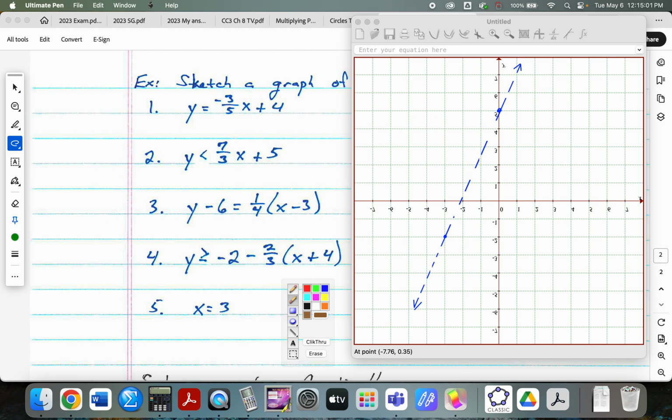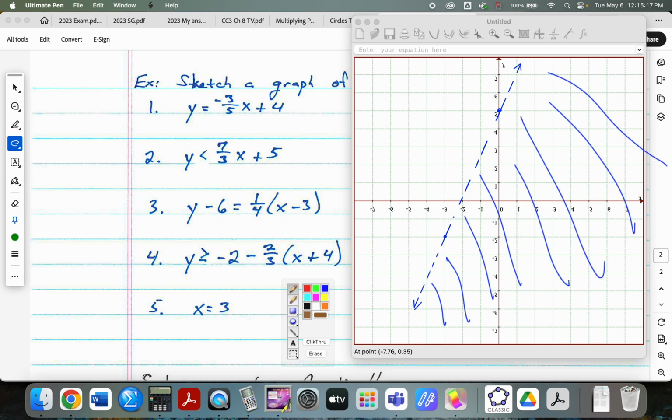And notice it says y is less than. Well, the y-axis values go up and down, right? So since y is less than that, I want to shade beneath this line. It is all of that stuff. And some of you who are more artistic probably make that look better than mine, which looks like a 3rd grader did it in the back of the bus as it was going over the railroad tracks.